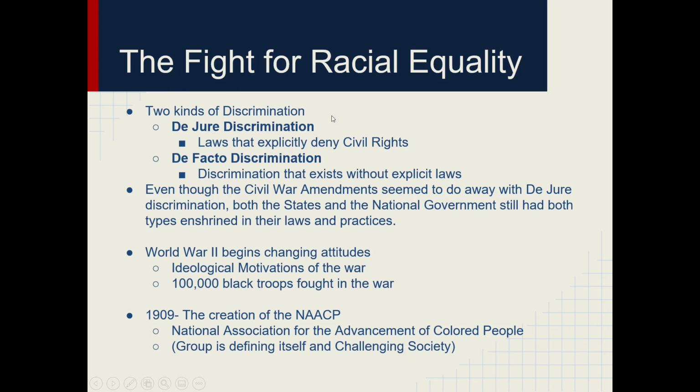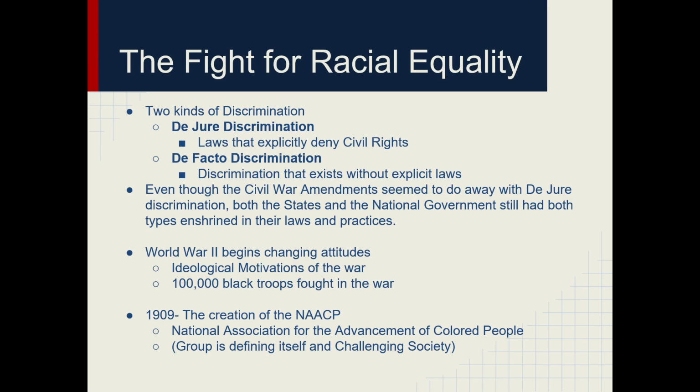So there are two kinds of discrimination. There's de jure discrimination. This is laws that expressly deny civil rights. Now, this is what a lot of people say. They say, oh, okay, so this law does not expressly say you cannot do this because you are not white. Sure, the laws do not literally say that. Why don't they say that? Because it's illegal.